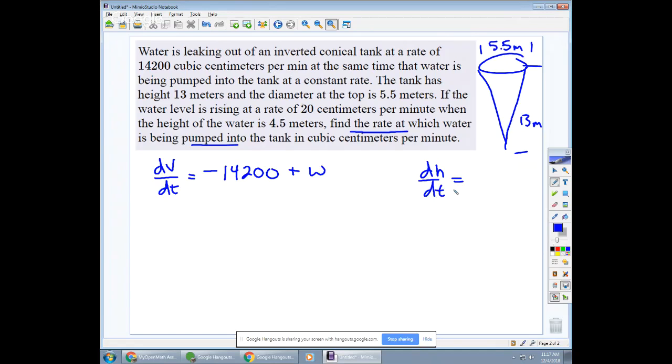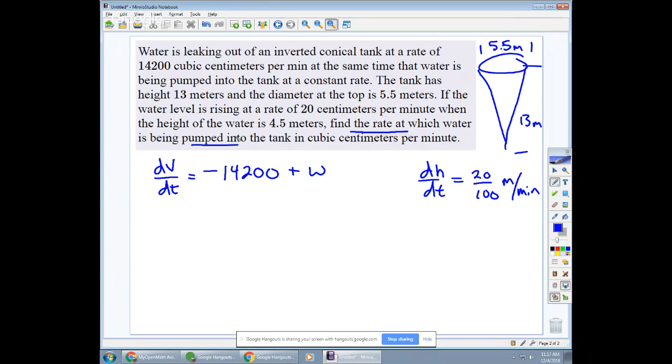Sorry, I don't know why I said 200. I was thinking about converting to meters by dividing by 100. So that would be 20 over 100 meters per minute, because you want to have everything in the same units.